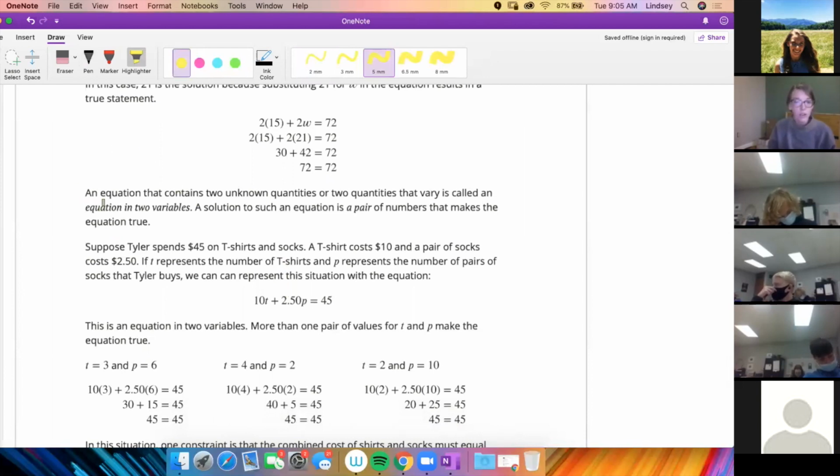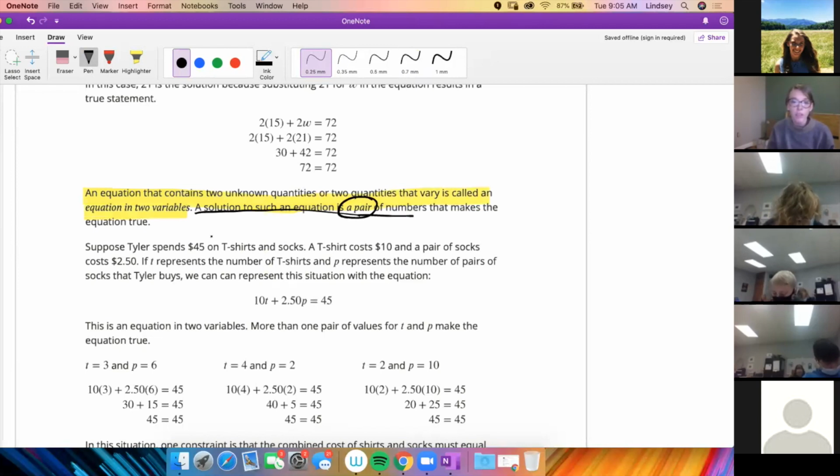All right, so down here, it says an equation that contains two unknown variables or two quantities that vary is called an equation in two variables. That means that the solution is a pair of numbers. Obviously, because you're working with two variables, there has to be two solutions that make it true.